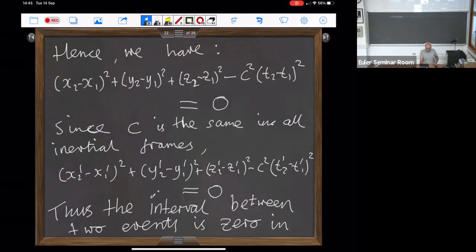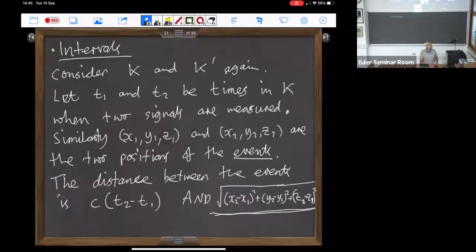And you see the signs of the spatial terms are opposite to the sign of the time term. That's really crucial. That's a fundamental fact about relativity, and it comes from the fact that these two things are equal. And that sign is crucial.